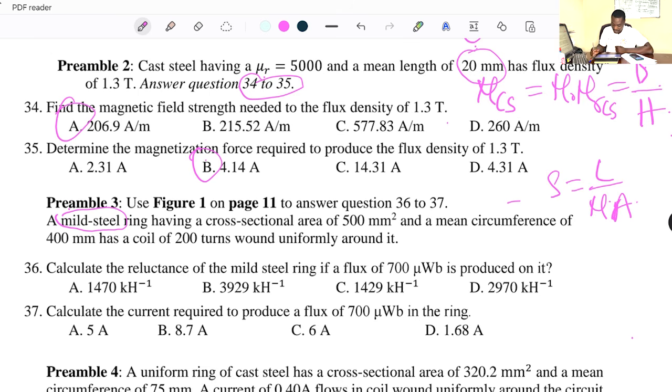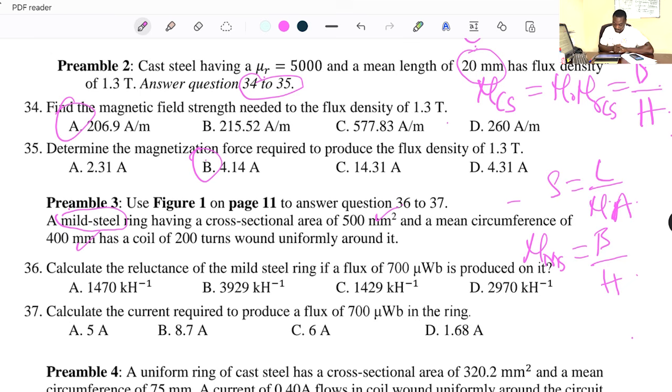With this formula, from the question, we are given the area, and the length too is given as 400 millimeters. Then we don't know the absolute permeability. To get it, we know that the absolute permeability of a material, in this case cast steel, is going to be equal to the magnetic flux density over the magnetic field strength.